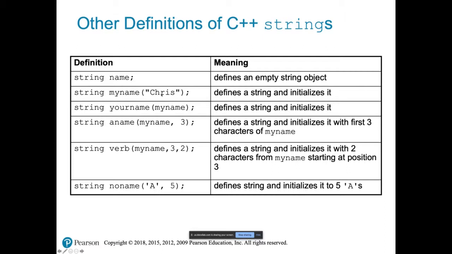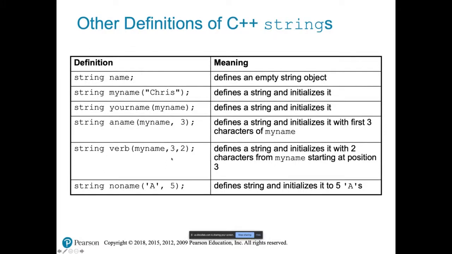Now this is the same thing, take my name and read in 2 characters, I believe. Define a string and initialize it with characters from my name starting at position 3, so 0, 1, 2, starting at 3, then reading 2, CR.